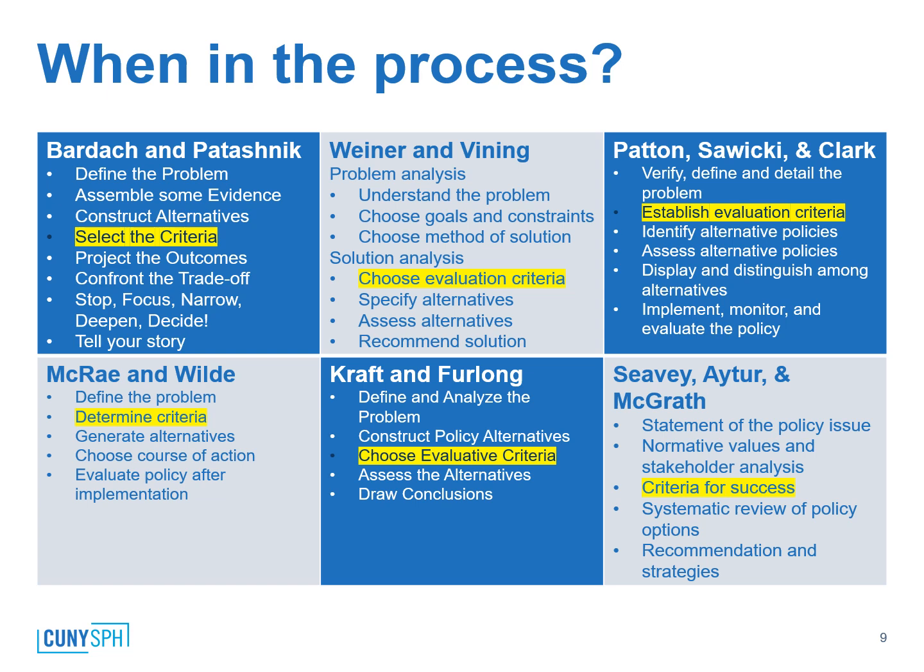Patton, Sawicki and Clark is the same. Criteria come early, before evaluation, whereas others like Cairney or Weimer highlight criteria for success or evaluation criteria as core steps. The key takeaway is that no matter which framework you use, criteria are central and they provide the lens through which alternatives are compared and judged.